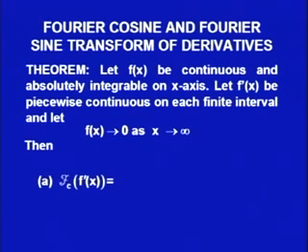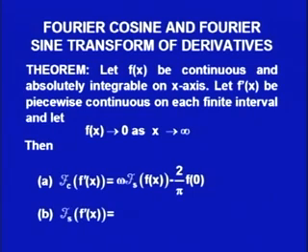Then the Fourier cosine transform of f'(x) is given as omega times the Fourier sine transform of f minus 2 upon pi f(0), and the Fourier sine transform of f'(x) is minus omega times the Fourier cosine transform of f(x).